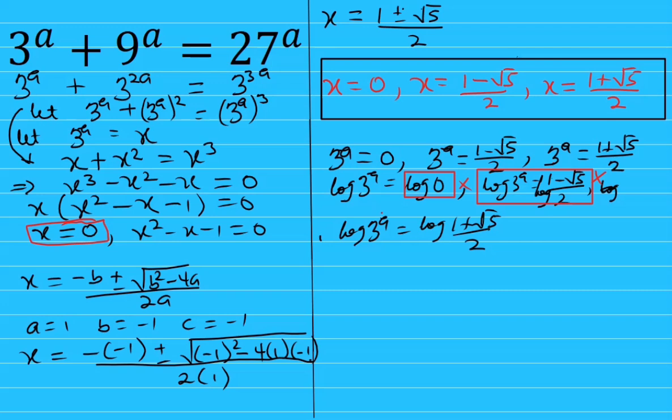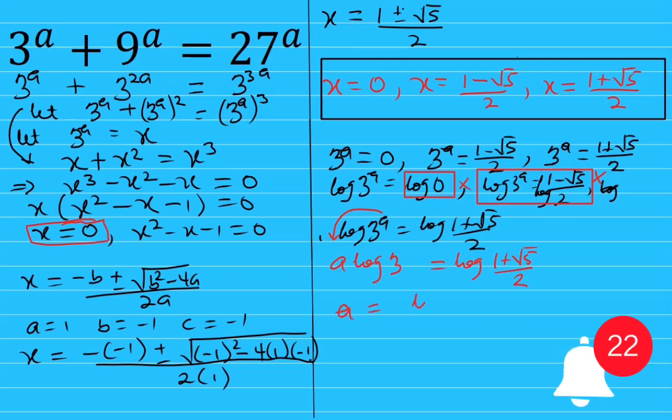Remember, according to the laws of logarithm, we can write this as a log 3 equal to the log of 1 plus root 5 over 2. So eventually a is going to be the log of (1 plus root 5) over 2, divided by the log of 3.